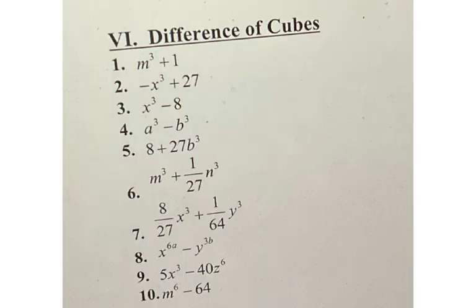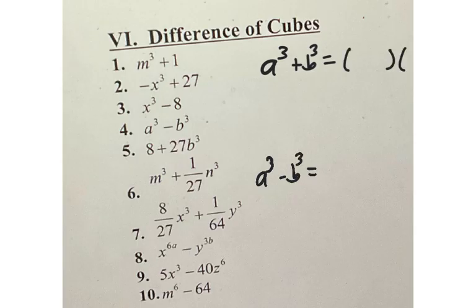I'll work whatever. And then the last section here is difference of cubes, and some of them are also sum of cubes. So there are two formulas for sum of cubes and difference of cubes. A cubed plus b cubed, and a cubed minus b cubed. You may not have ever seen these, or you may have done it in Algebra 2. I don't really remember.